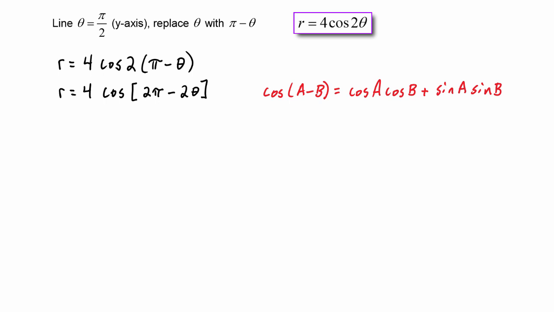And our equation becomes r equals 4 times the quantity cosine of 2 pi times cosine of 2 theta plus the sine of 2 pi times the sine of 2 theta.